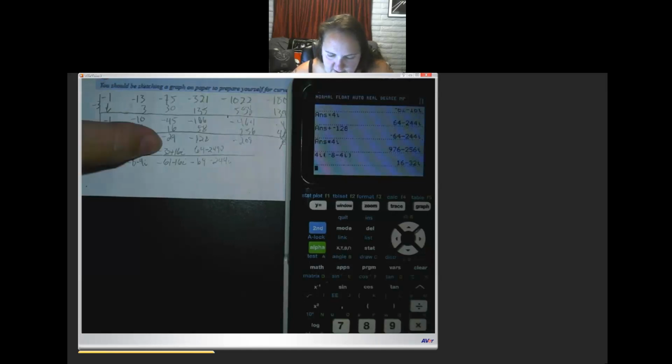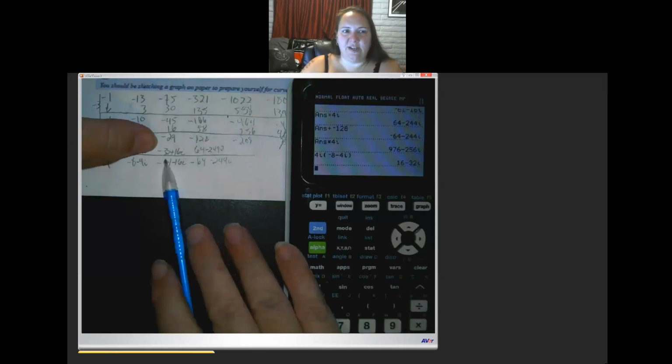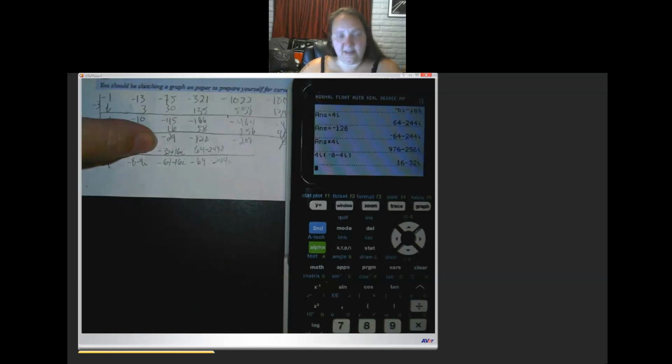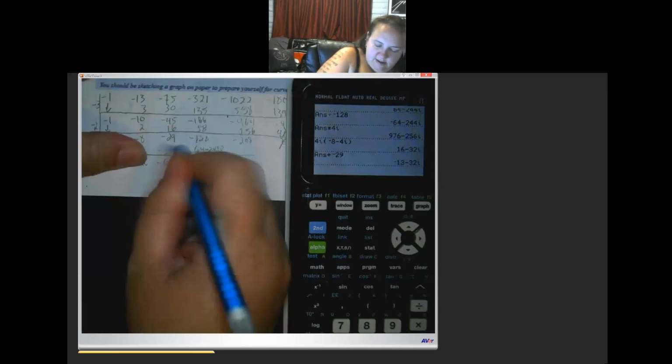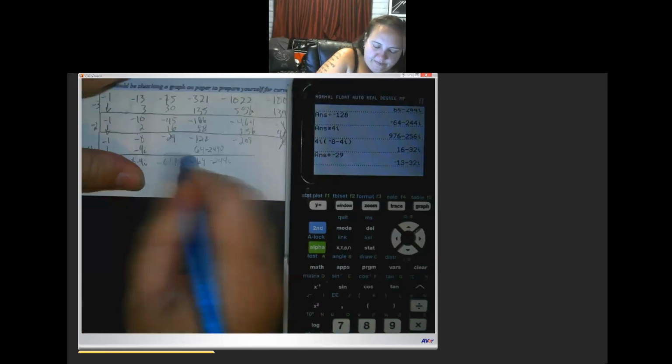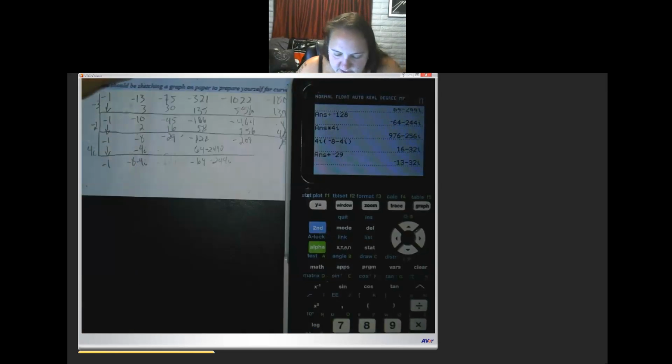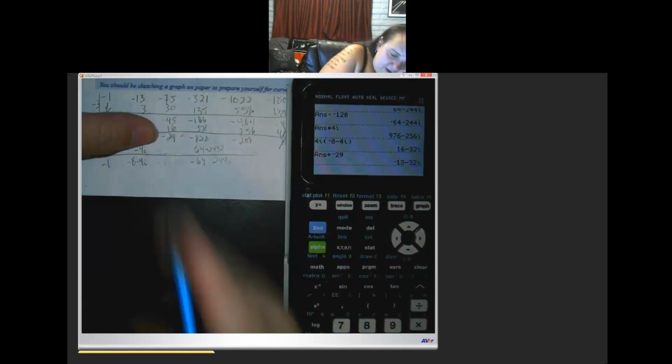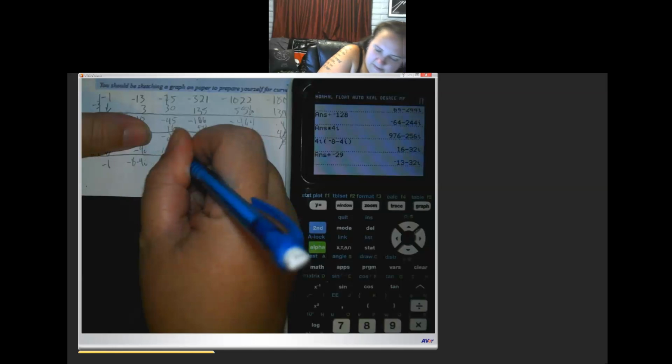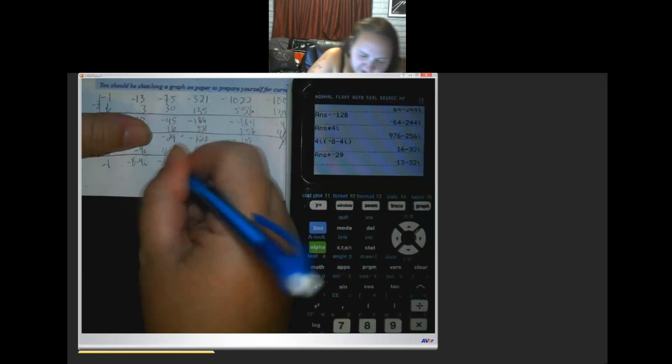16. Oh, look, I transposed them. I put negative 32 plus 16i. If I take that and I add a negative 29, my fault. So this should have been 16 minus 32i. And then negative 13 minus 32i.